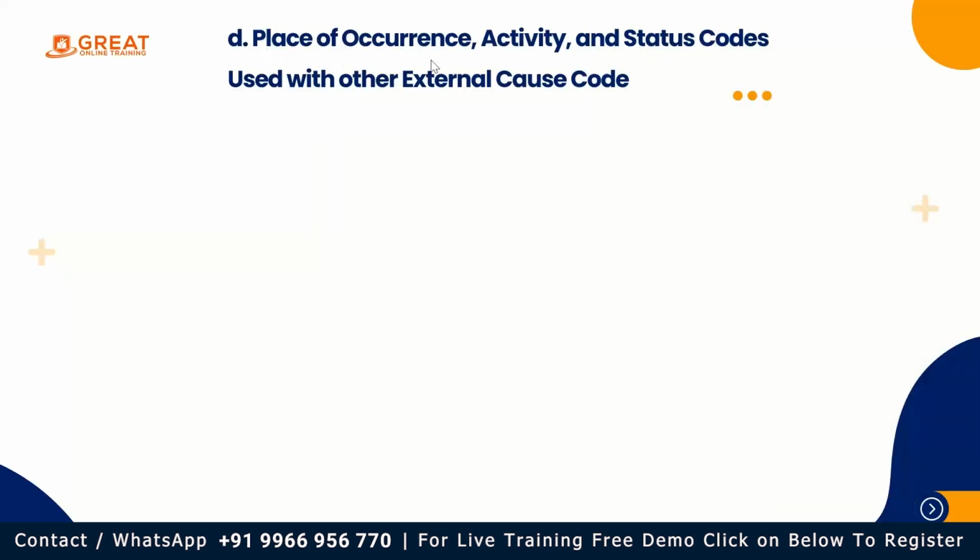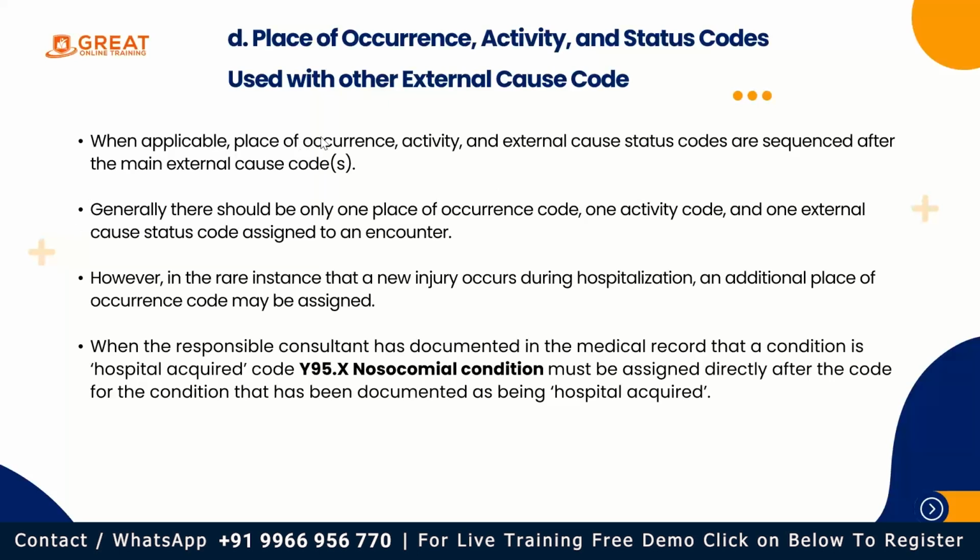Next point, place of occurrence, activity and status code used with other external cause code. When applicable, place of occurrence, activity, and external cause status codes are sequenced after the main external cause codes. Okay? Main external cause codes means, as we just saw, insect bite.